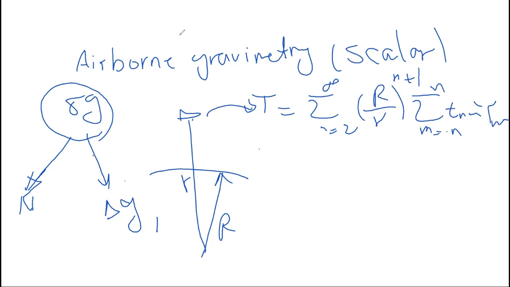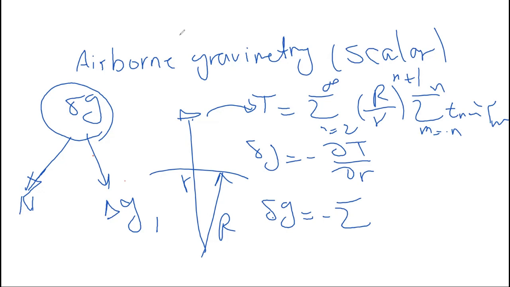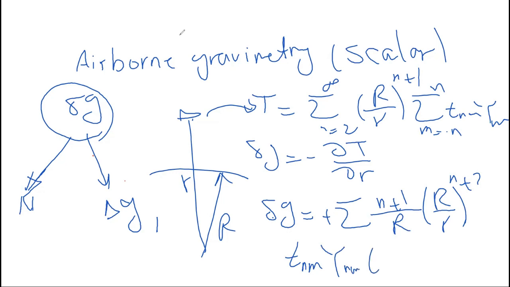And gravity disturbance is minus the derivative of it. Then I take the derivative of this formula. It will be delta g equal to minus the sum of (n+1) over r times (R over r)^(n+1) T_nm Y_nm(theta, lambda).